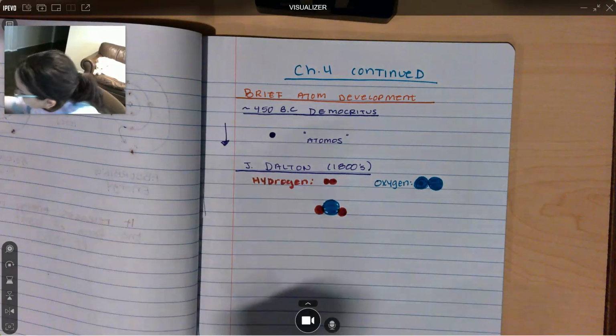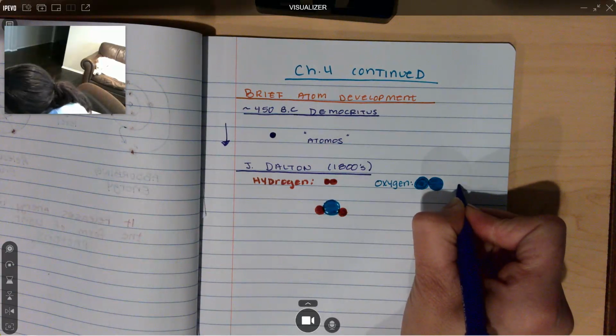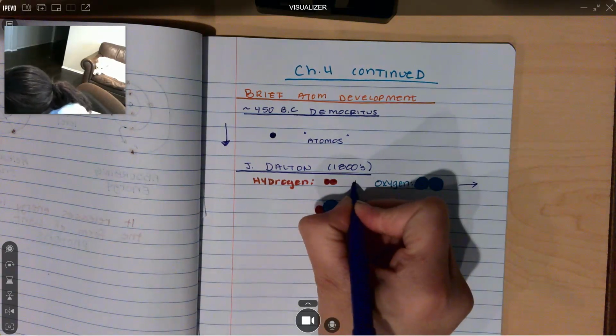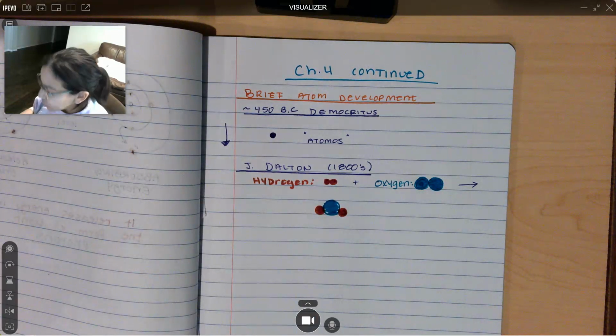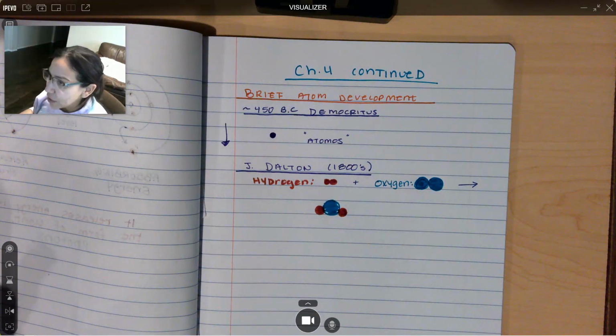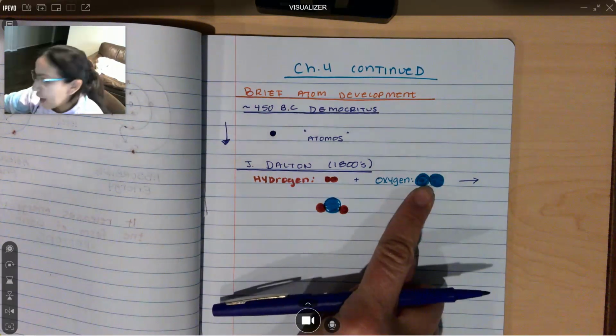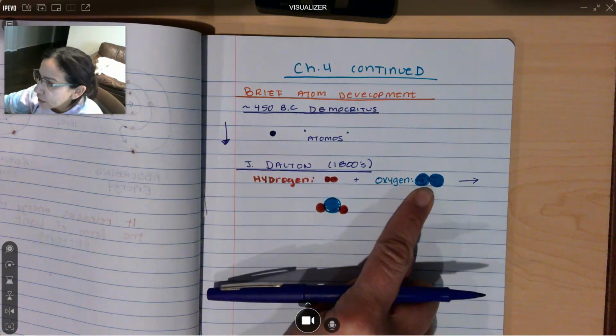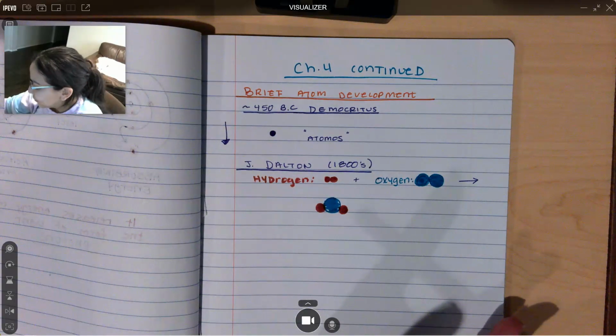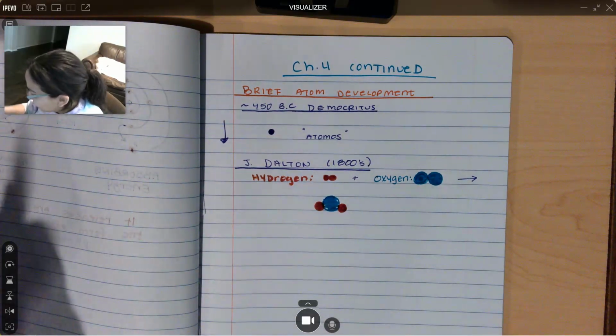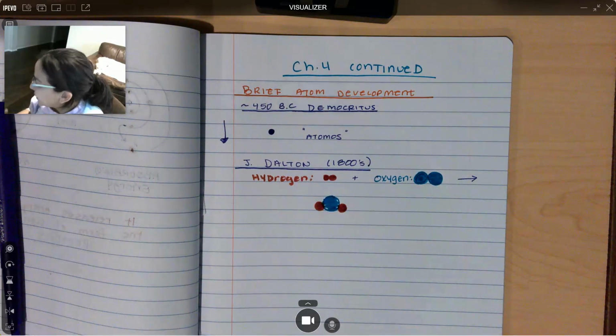Now, if we want to continue going into Dalton's next one, which was the law of conservation of matter, we could start balancing this out, right? Because obviously we have one oxygen left here, and that doesn't really balance everything. So what we're going to need to do is figure out a way to make sure that we have everything nicely balanced.